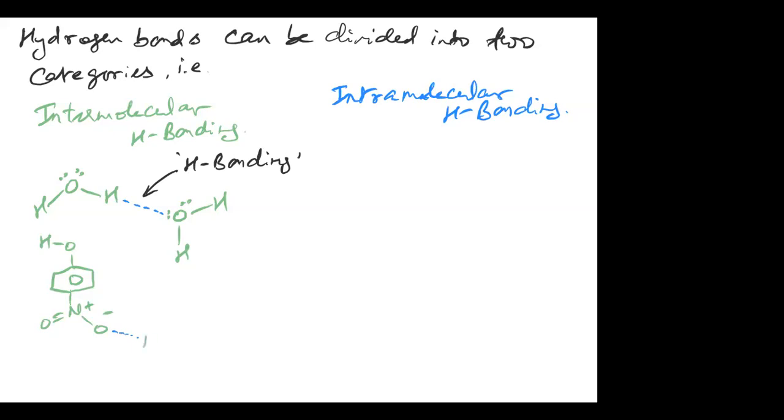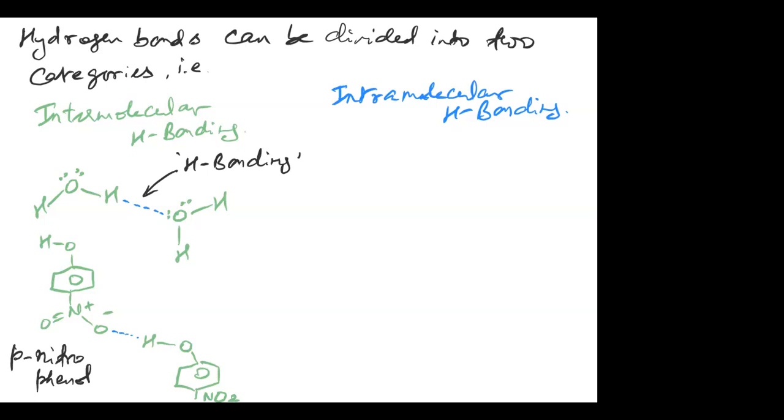Its another molecule may be represented as H and O, and NO2 is attached here. So it is another hydrogen bonding. I'm repeating again, this compound is also known as para-nitrophenol.